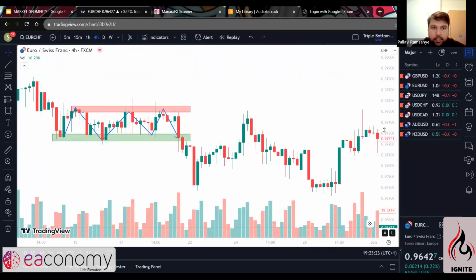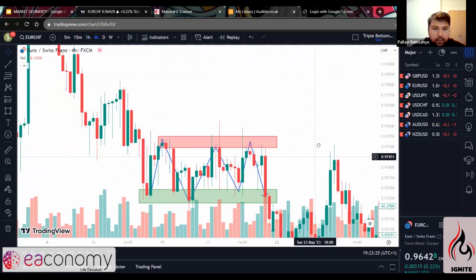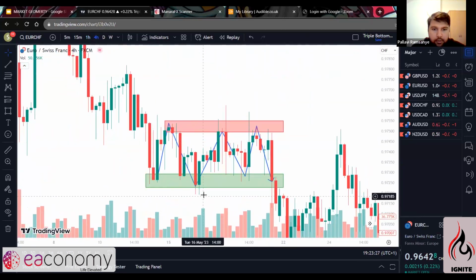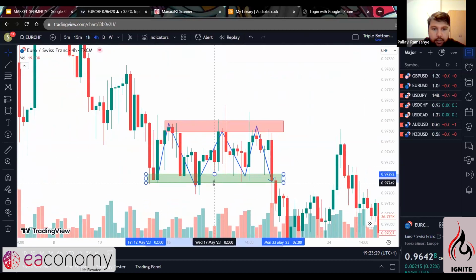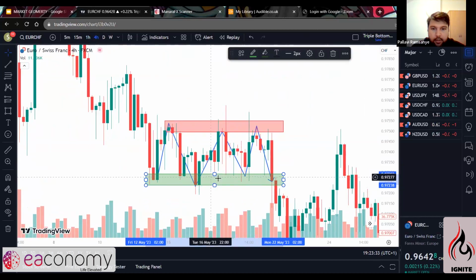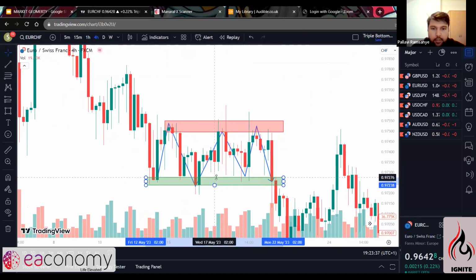Let me have a look at these again. So I could pull this up to the candle body there, and then bring this one slightly lower.